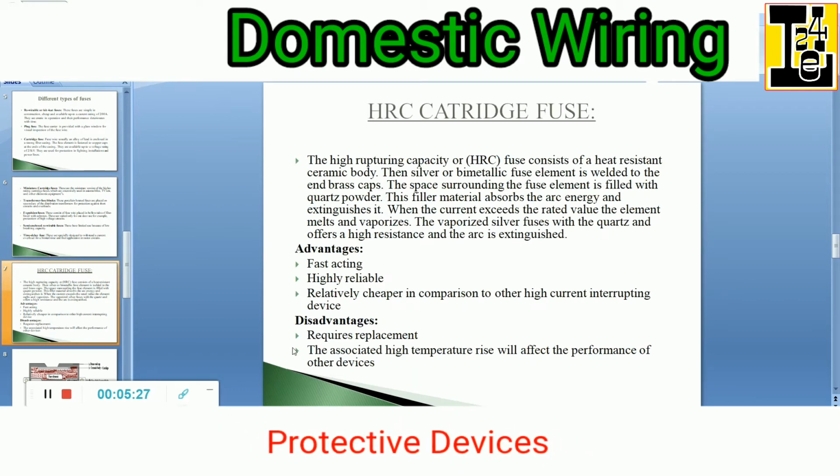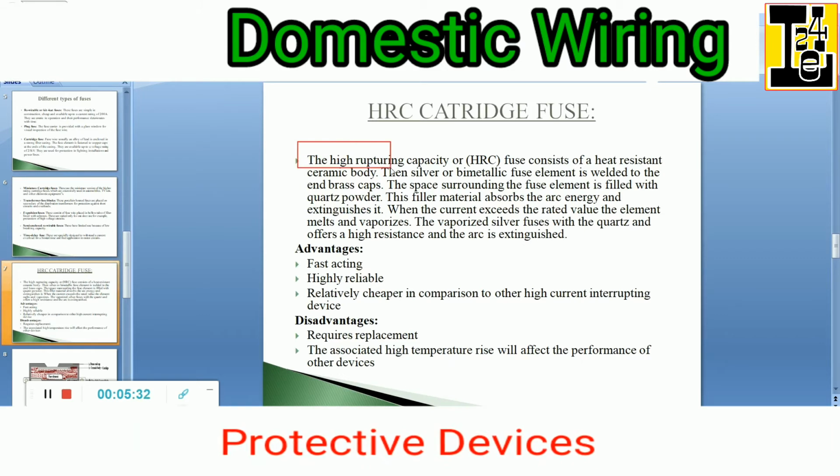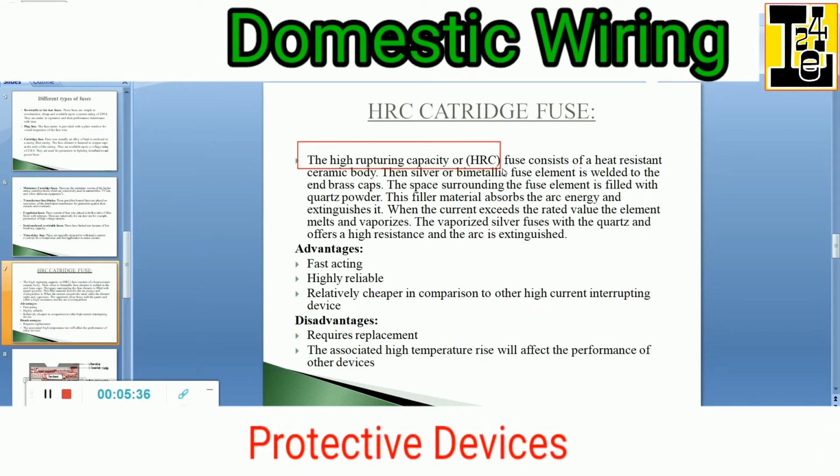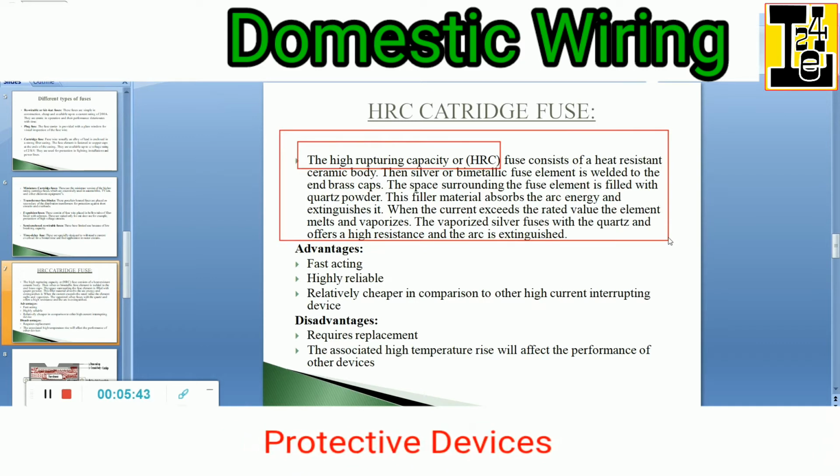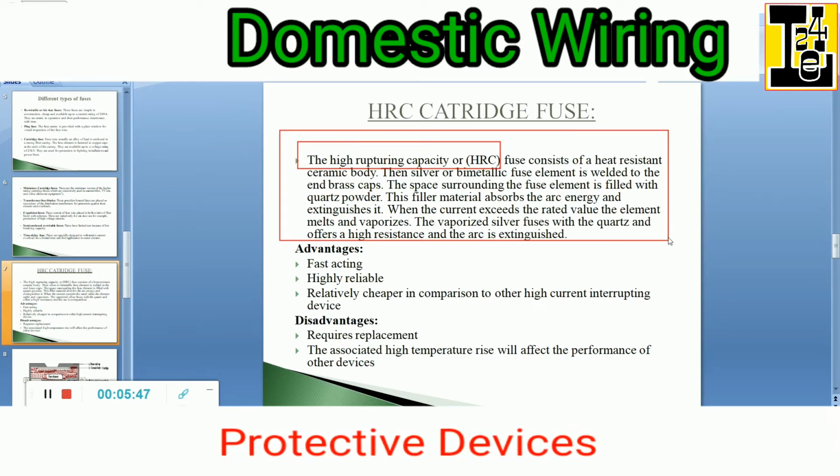Let me discuss HRC cartridge fuse. The high rupturing capacity or HRC fuse consists of a heat resistant ceramic body. Then a silver or bimetallic fuse element is welded to the end brass caps.